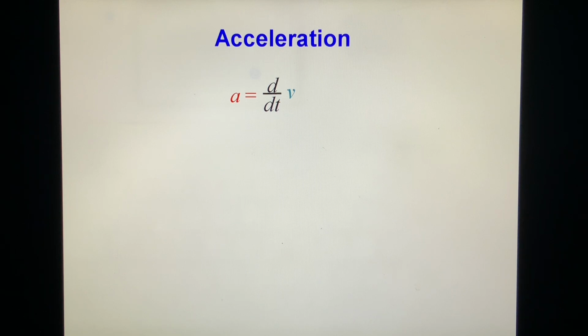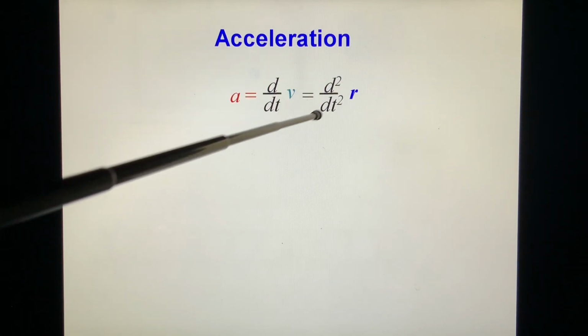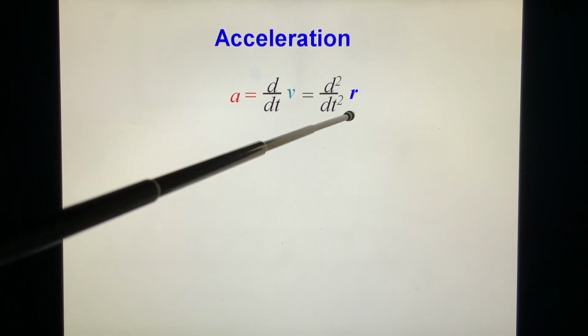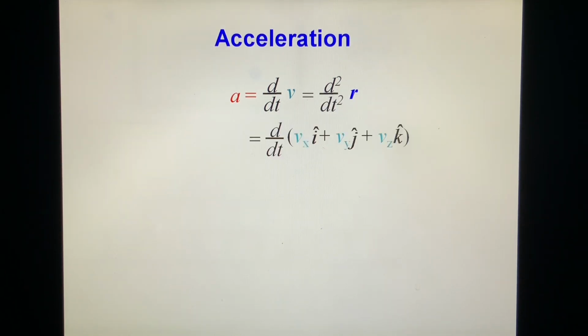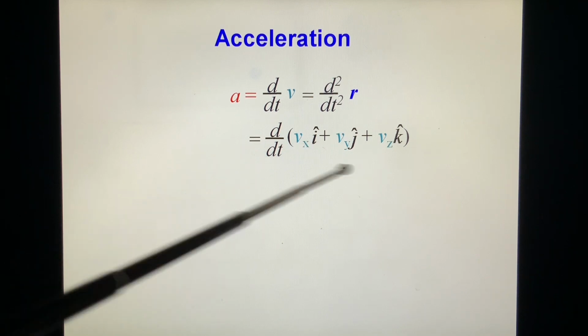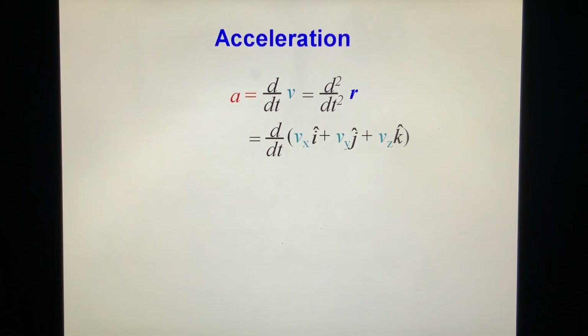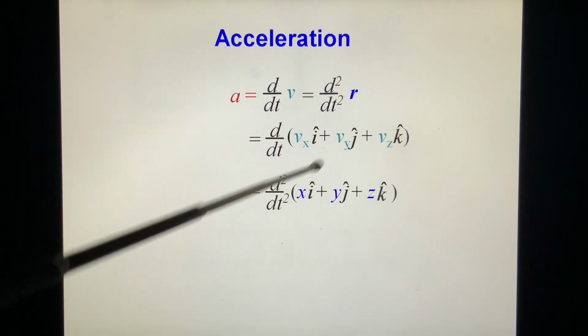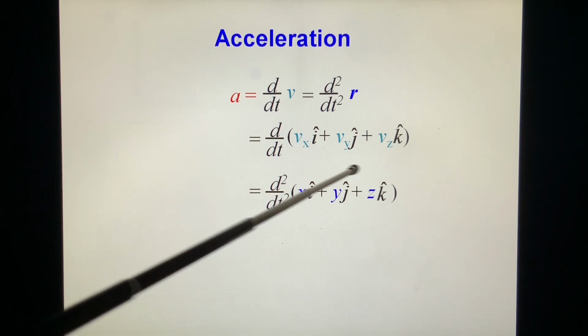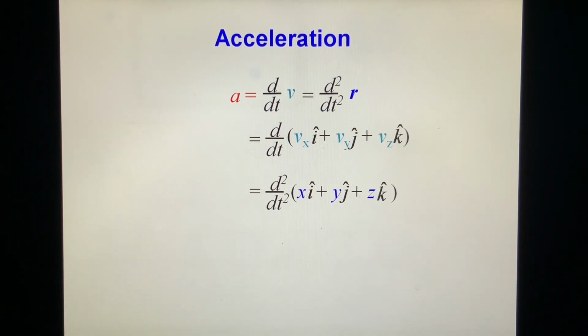Since v is dr/dt, a is the second derivative of r with respect to time t.